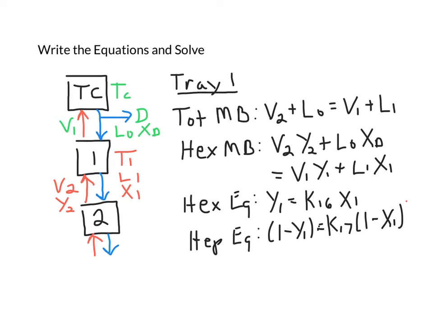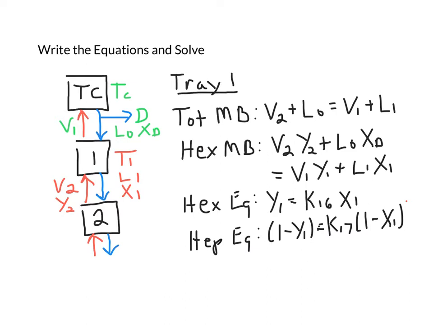The reason being that down the column, we're going to be adding some liquid feed, which will change the liquid flow rate at the bottom of the column. To avoid that, we'll use the vapor flow rate, which is consistent all the way through the column if EMO is valid.